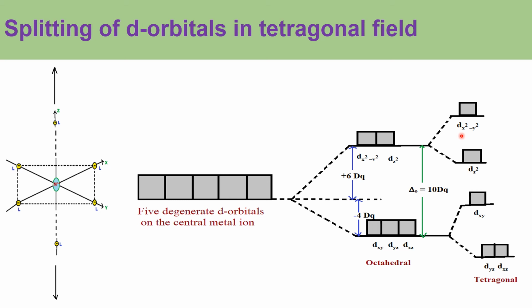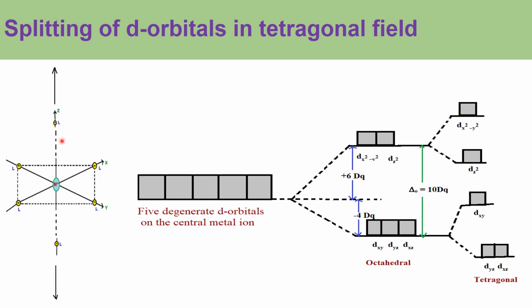This means that the ligands along the z-axis cause less repulsion between the d electrons and the ligand electrons, because the metal ligand distance is increased here.